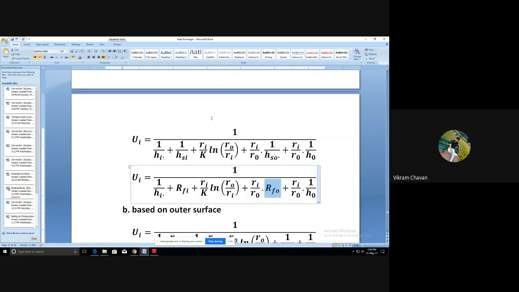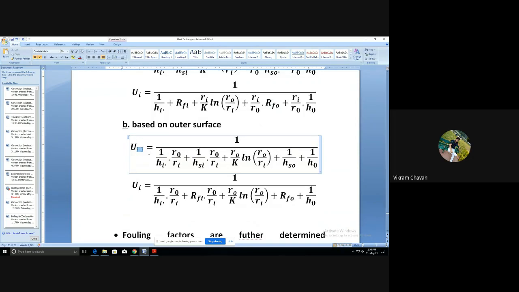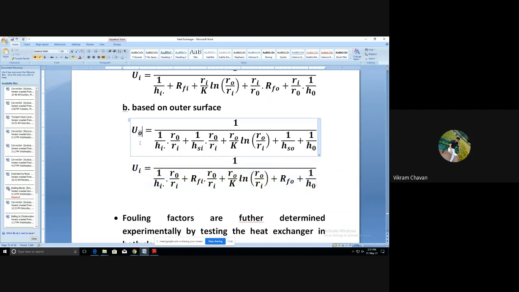So based on the outer surface, U_o is equal to 1 divided by h_i multiplied by r_o divided by r_i, plus 1 divided by h_si multiplied by r_o divided by r_i, plus r_o divided by k multiplied by ln of r_o divided by r_i, plus 1 upon h_so, plus 1 upon h_o.